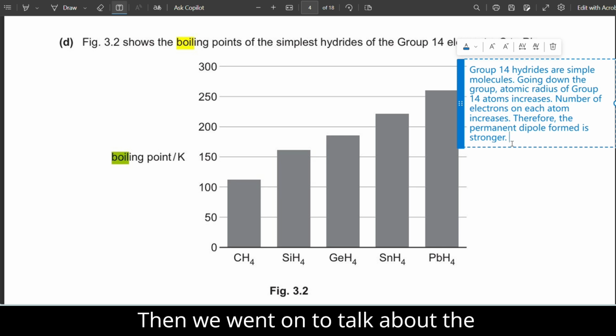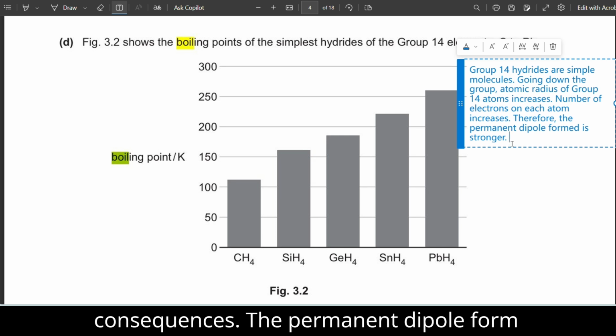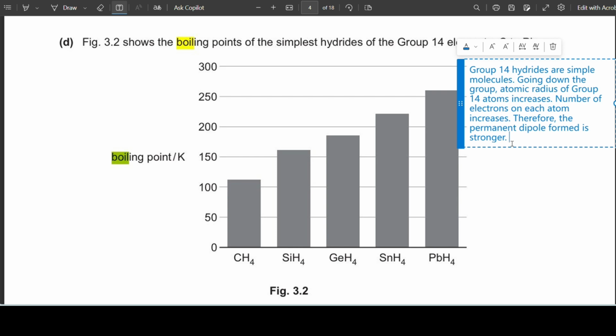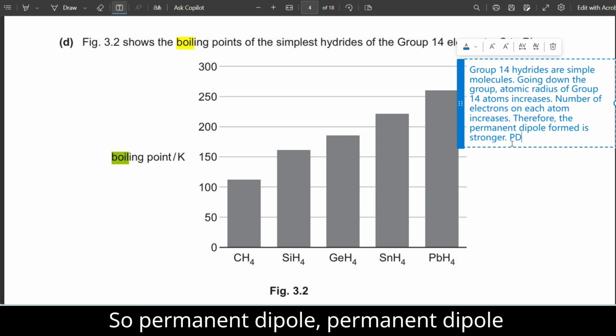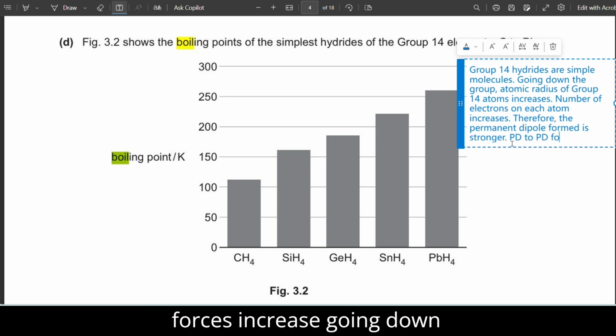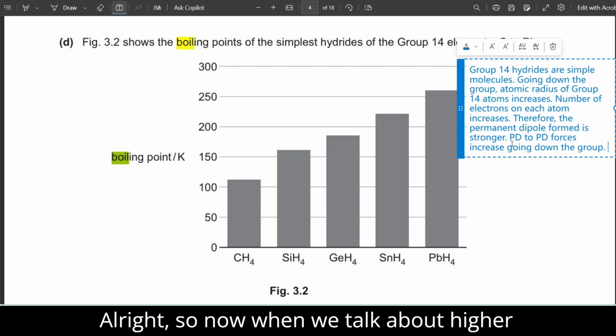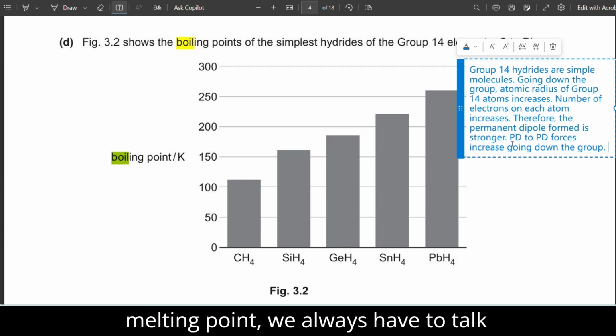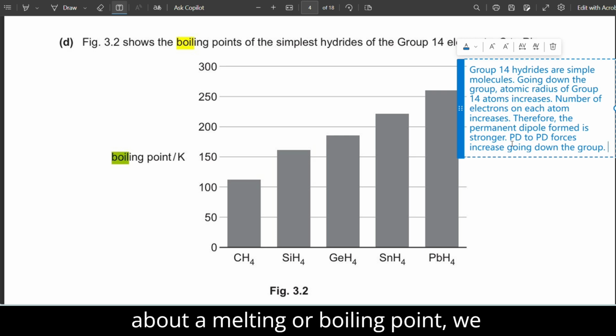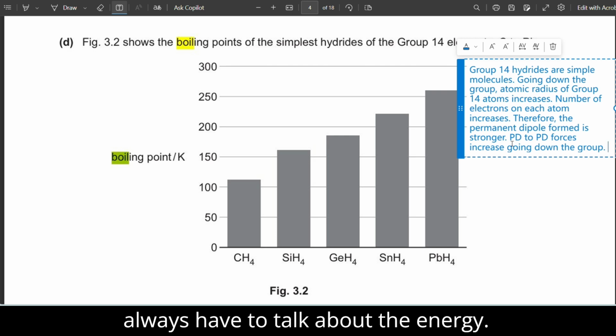Then we went on to talk about the consequences. The permanent dipole forces are stronger. So permanent dipole forces increase going down the group. Alright, so now when we talk about a higher melting or boiling point, you always have to talk about the energy.